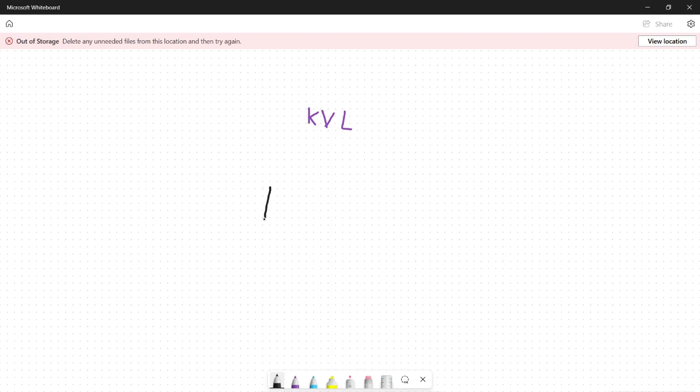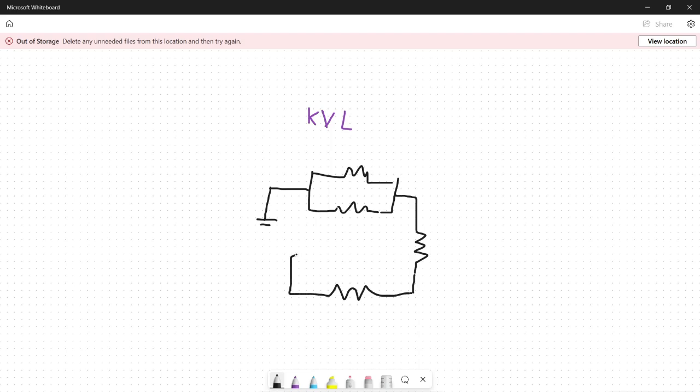So if we draw a circuit that has a battery here, let's say two resistors like this, and a resistor like this, and maybe a resistor like this. Actually, let me.